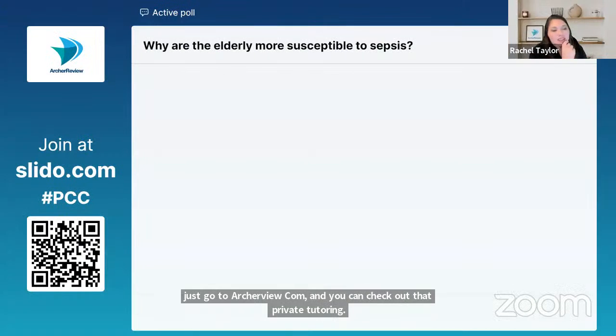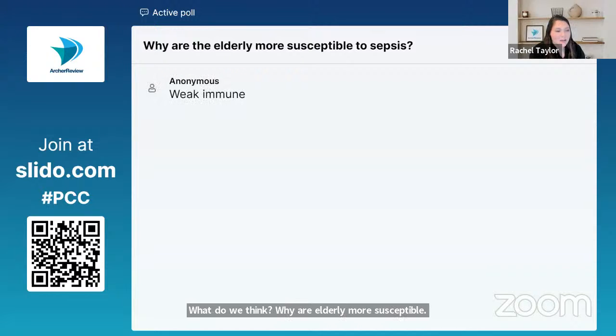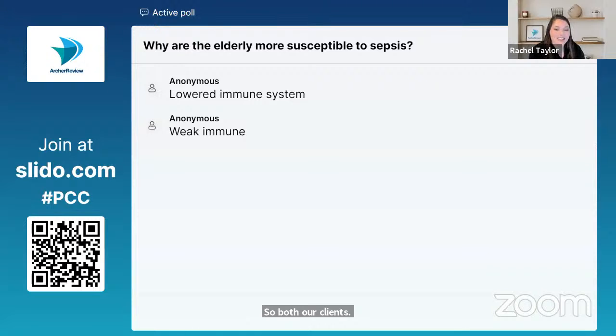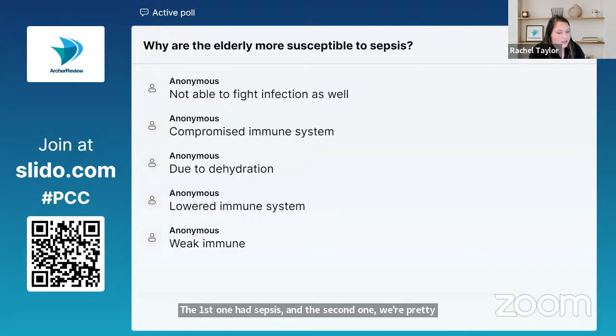So why do we think elderly are more susceptible to sepsis? What do we think? Why are elderly more susceptible? So both our clients, the first one had sepsis and the second one we're pretty sure is getting sepsis, right? Why is this?